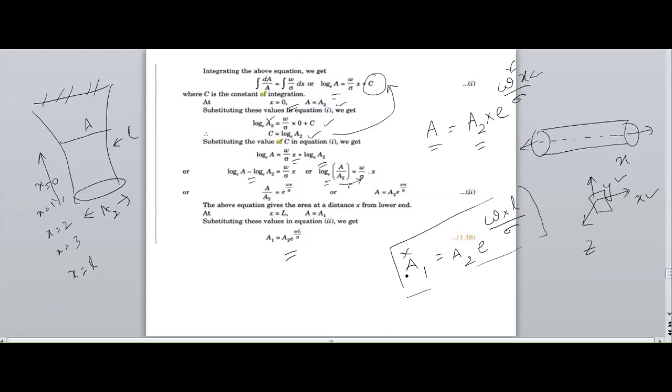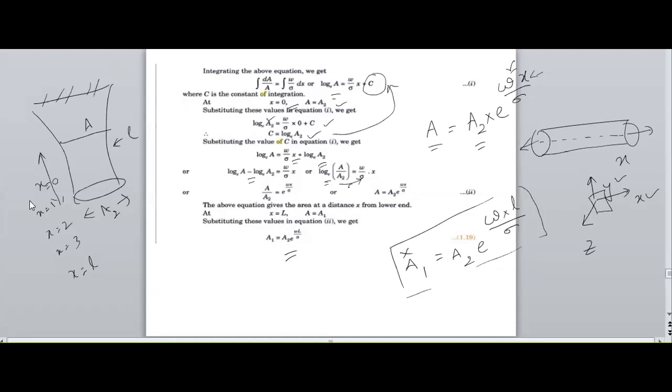We need to find the area at the fixed end such that the sigma will be equal at any location. That is the uniform stress along the length.